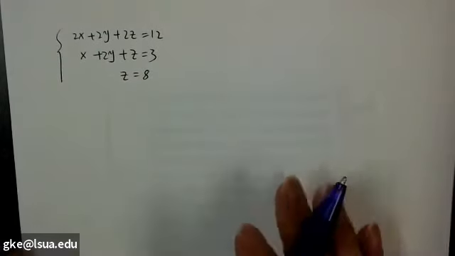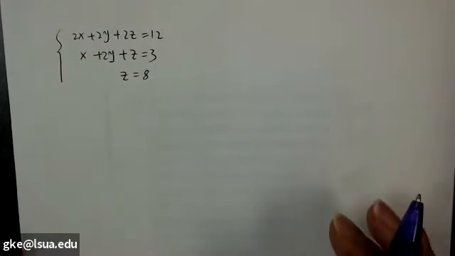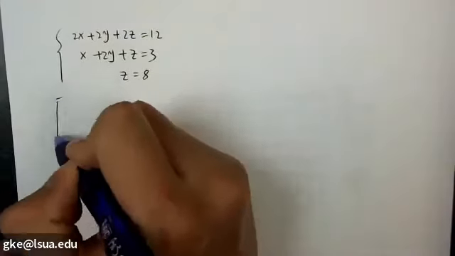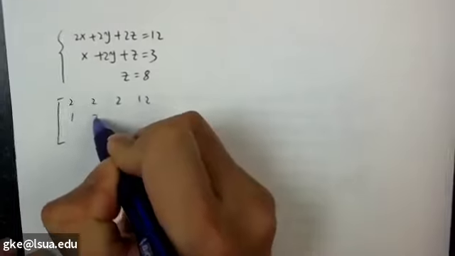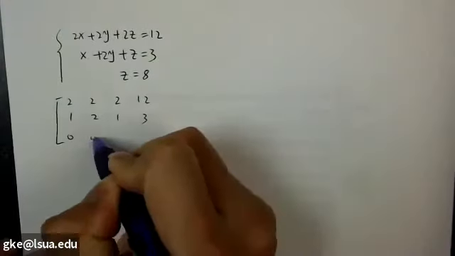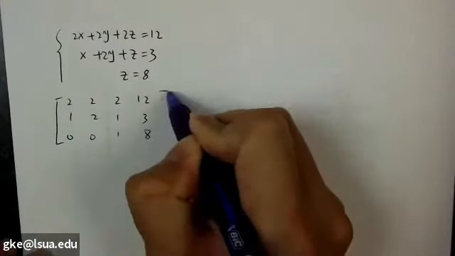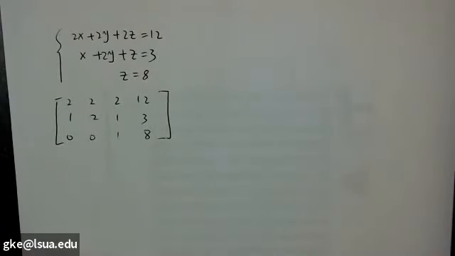The first thing you need to do is write down the augmented matrix. That is 2, 2, 2, 12; 1, 2, 1, 3; 0, 0, 1, 8. Right? That's the augmented matrix.